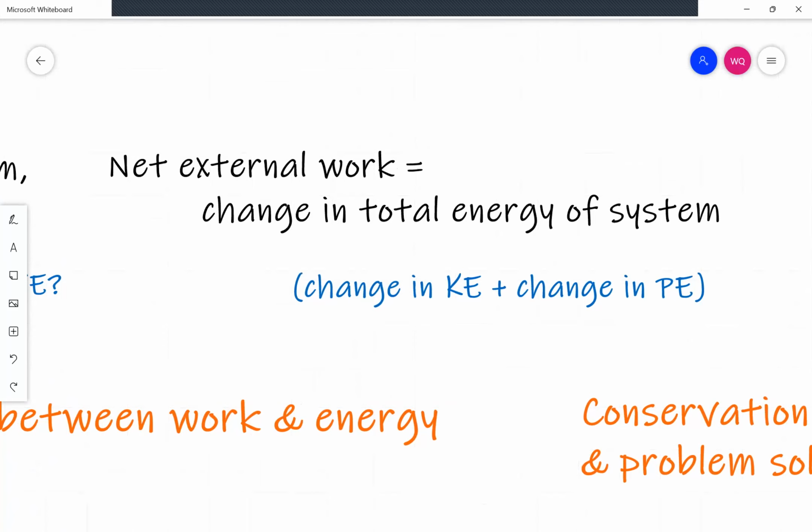So if I have done net work, then I need to account for this net work by the change in my wallet plus the change in my bank, because I could have spent $3 or $5 from my wallet to buy chicken rice, yet my mom deposited the $10 into my bank account. So if I just look at my wallet, I couldn't get a good picture of whether my wealth increased or not. I need to look at both: the change in my bank account and the change in my wallet, to understand the net effect of all that I have done.